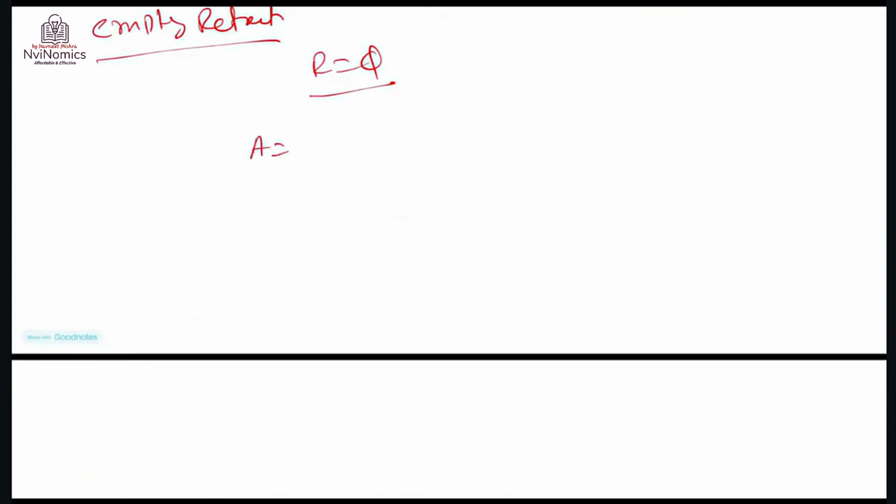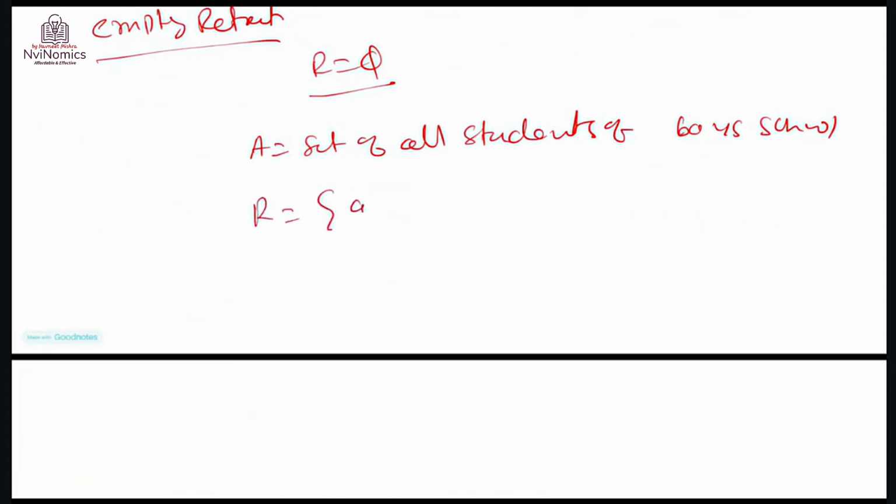Let A equal the set of all students of a boys school. Now I am going to establish a relation. R equals (a, b) such that a is sister of b, where a, b belong to A.